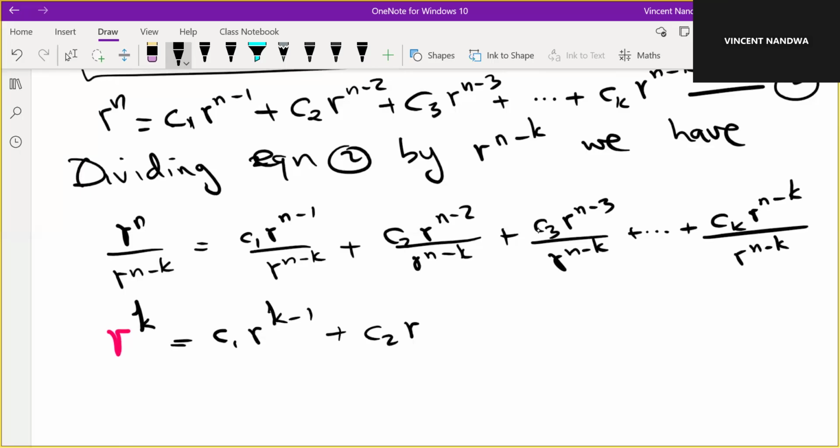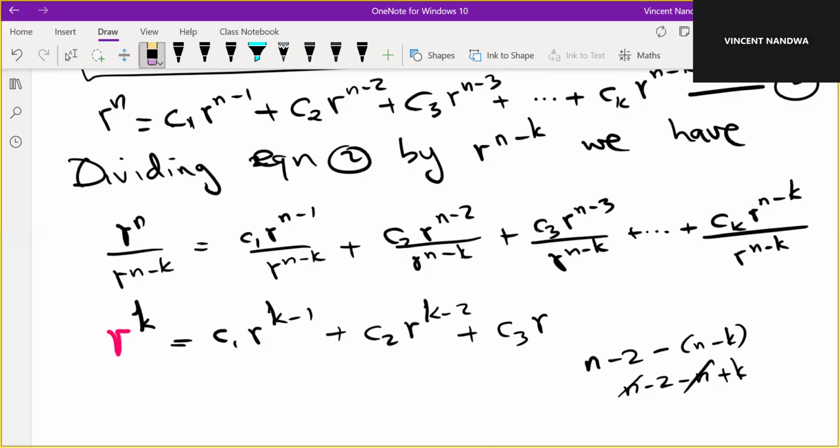So remember what we are simply doing is take this power n minus 2, subtract n minus k. So it'll be n minus 2 minus n plus k. So these n and these n cancel out. So the answer will be k minus 2. Then plus C3 r power k minus 3, correct. And then plus all the way up to Ck r power.